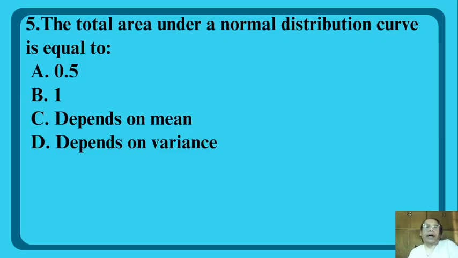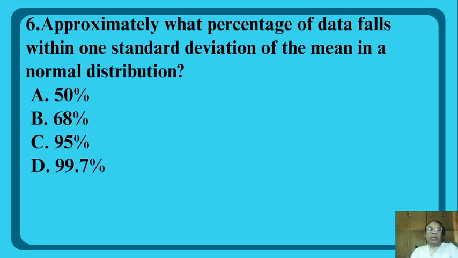MCQ number 5. The total area under a normal distribution curve is equal to A. 0.5, B. 1, C. Depends on mean, D. Depends on variance. MCQ number 6.